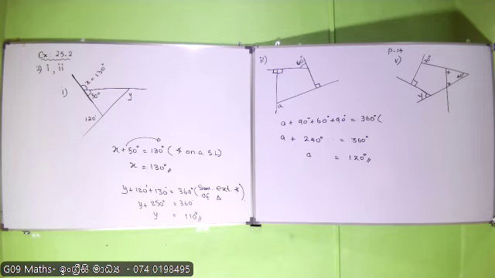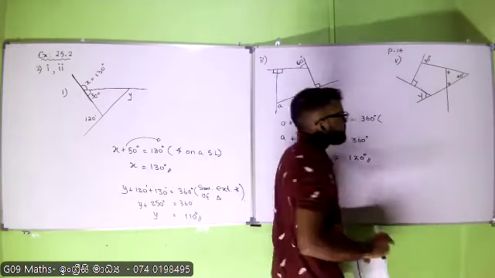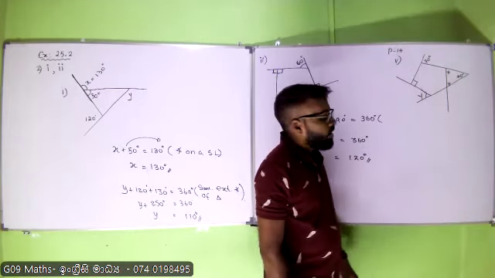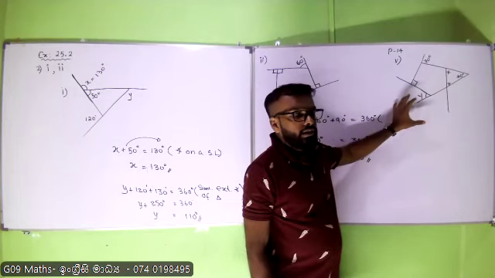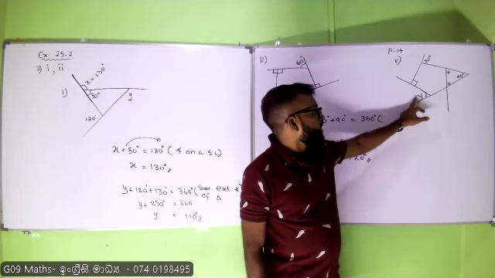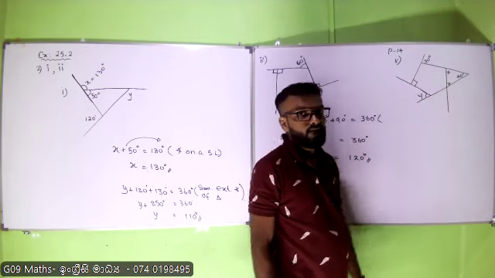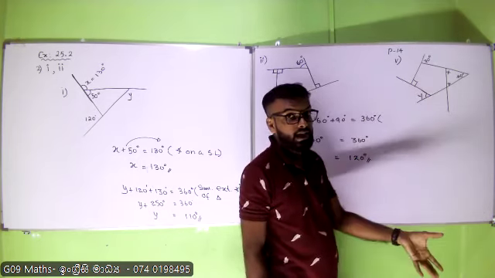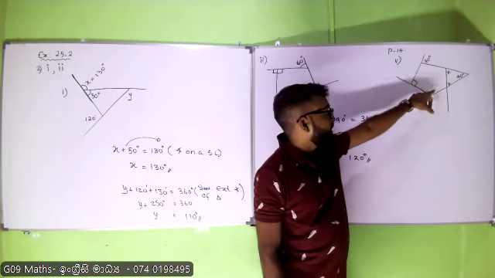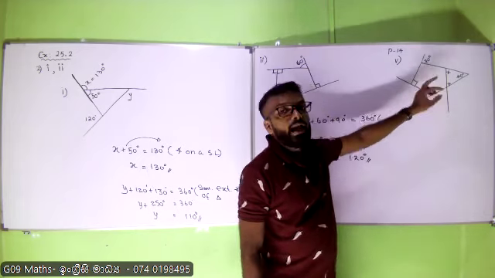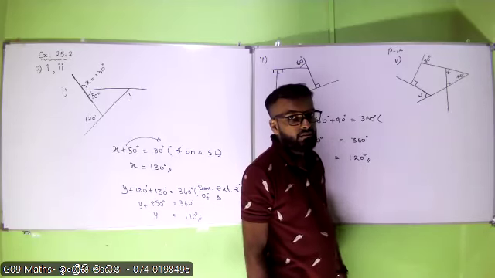Super. So I will do the question. You can apply the exterior angle theorem to find y. But to find x, you cannot apply the exterior angle theorem. You can apply the interior angle theorem of a triangle, 180.